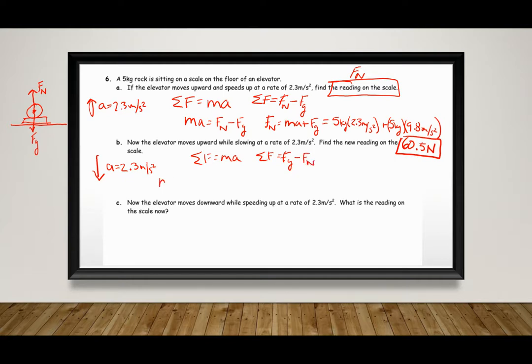So mass times acceleration is equal to mass times gravity minus my normal force, or my reading on my scale. So my normal force is equal to mass times gravity minus mass times acceleration. Okay. And when I go ahead and plug all of that in, I can actually go ahead and pull out my mass. So I have gravity minus acceleration times mass. So my mass is going to be 5 kilograms.